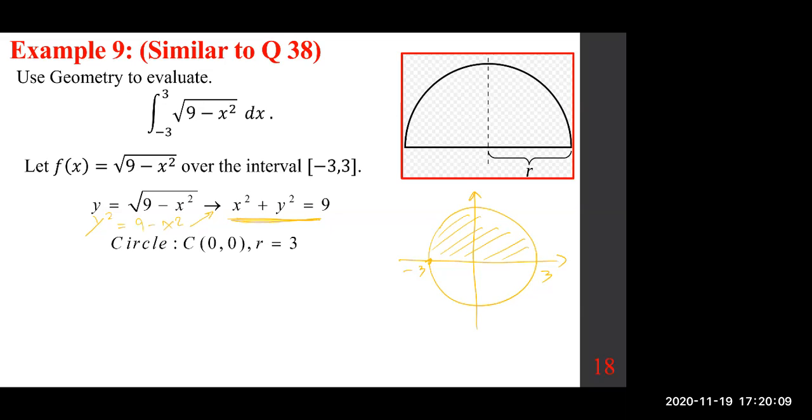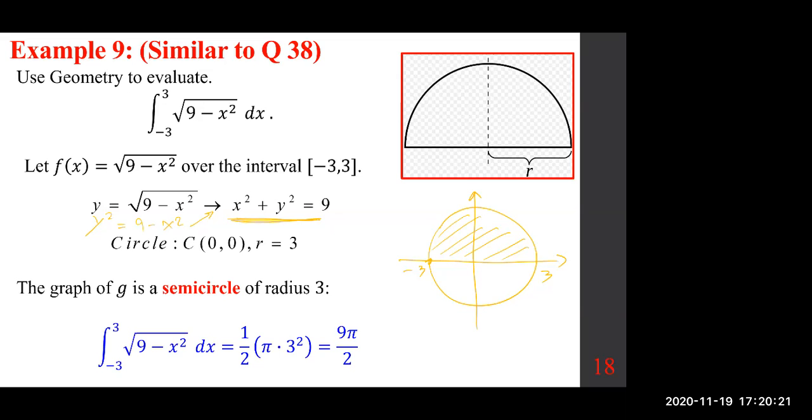The area would be half of the area of a circle. The area of a circle is pi r squared. We need half of it. Pi r squared, everybody. And we know the radius is 3. So pi times 3 squared is 9 pi. Half of it gives us 9 pi over 2.